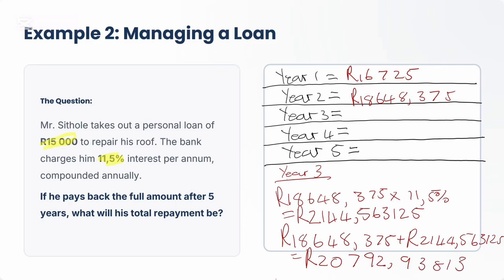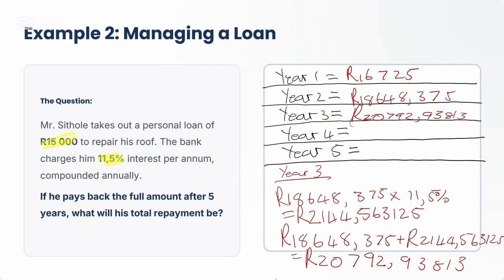Now, I'm going to be completely honest with you guys. In an examination paper, they would not necessarily give you a question this long. However, I do want to enforce the steps and the process of how to do compound interest. They would probably give you 3 years or at most maybe 4, but 3 is normally the cutoff.